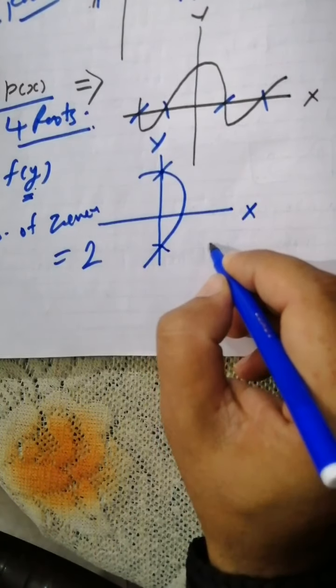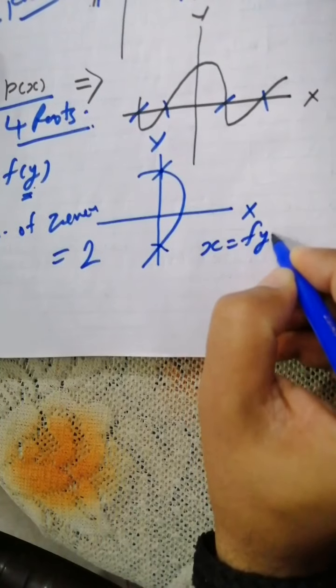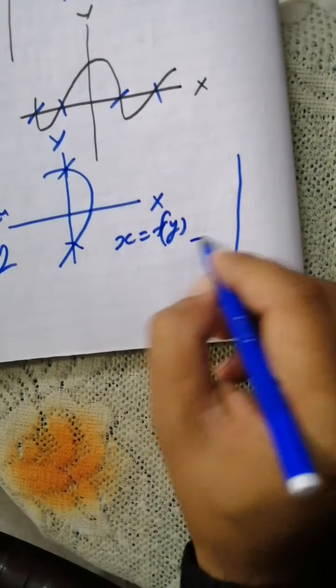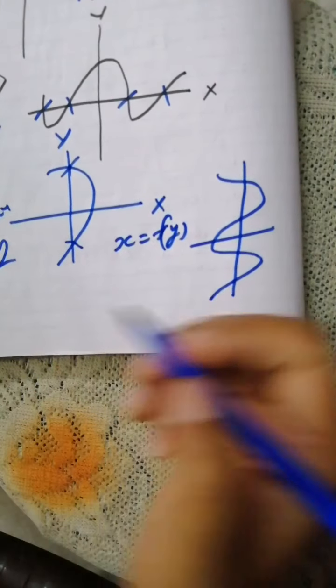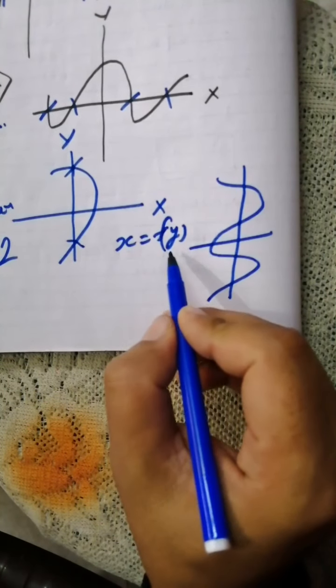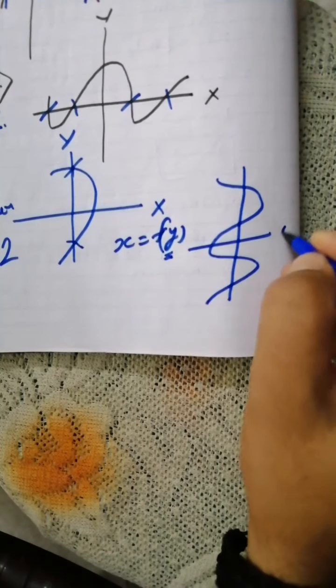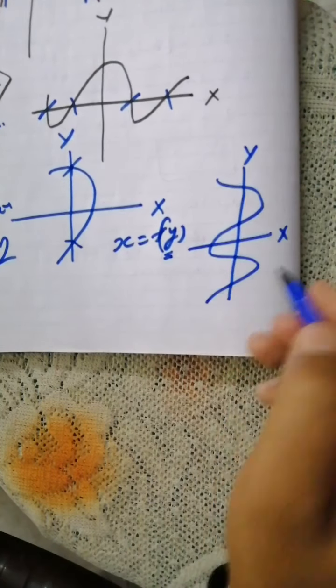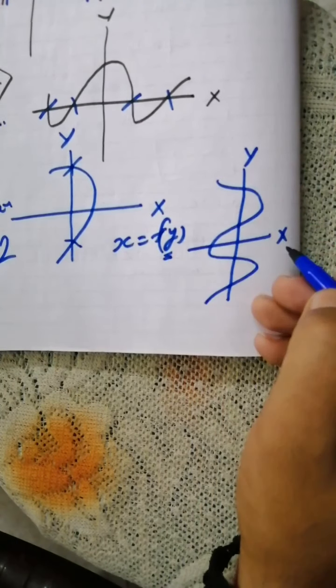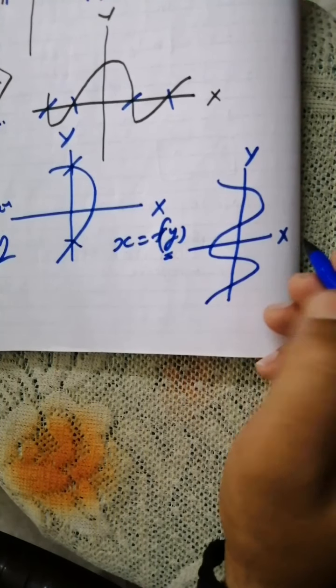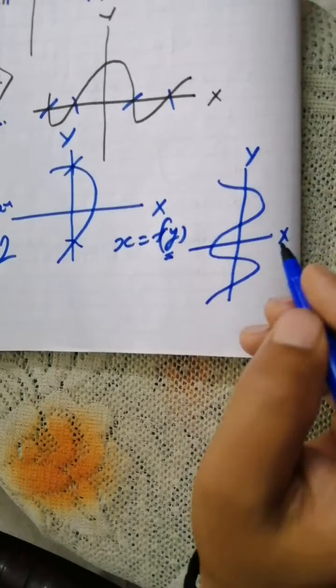If I am writing x equals f(y) and the graph is like this way, here again you can see the function is of y. So it is the x-axis and it is the y-axis. If it is not written which is the x-axis and y-axis, it's your choice. You can make any axis the x-axis and another the y-axis.